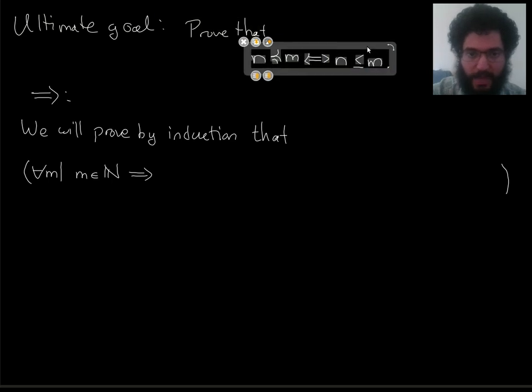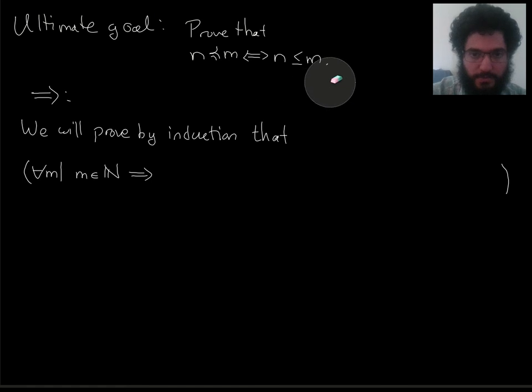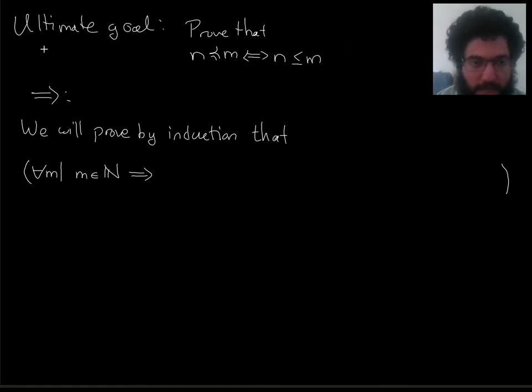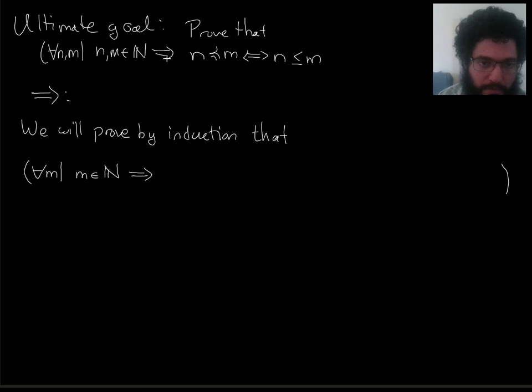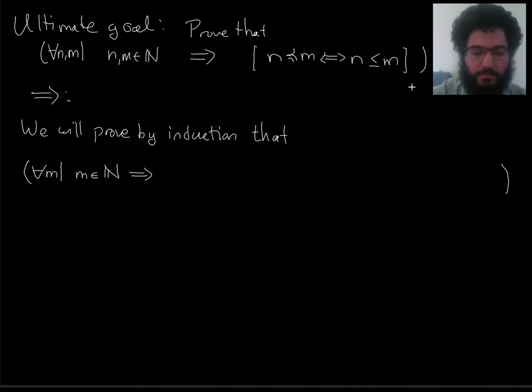I want to prove that this is true for all natural numbers n and m. Let me space that out a little bit better. All right, so I want to prove for all natural numbers n and m that this is true.